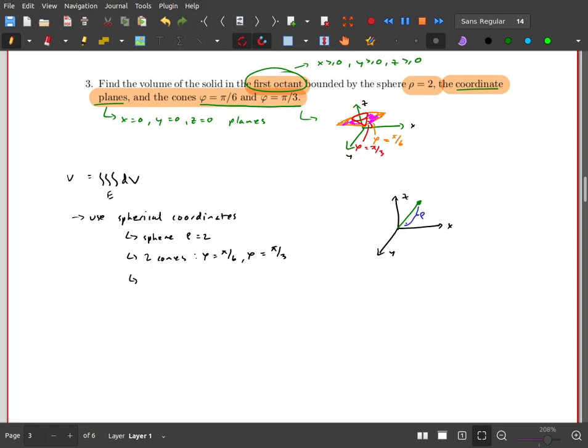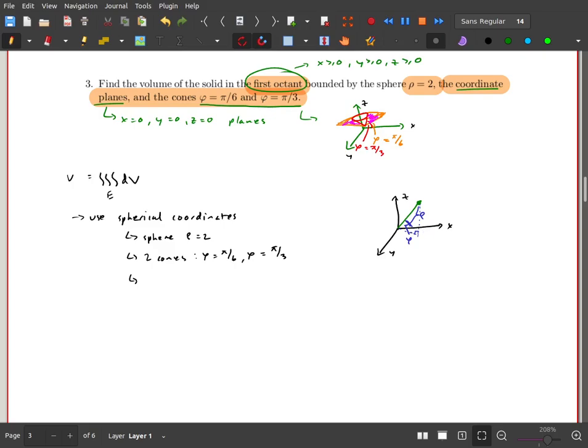So the angle that rho makes with the z-axis, let me backtrack a bit. The angle that makes there, that's phi.